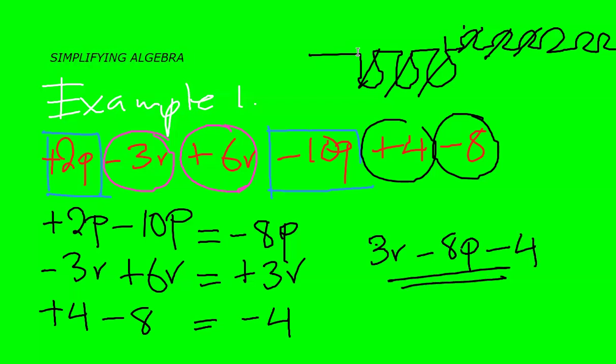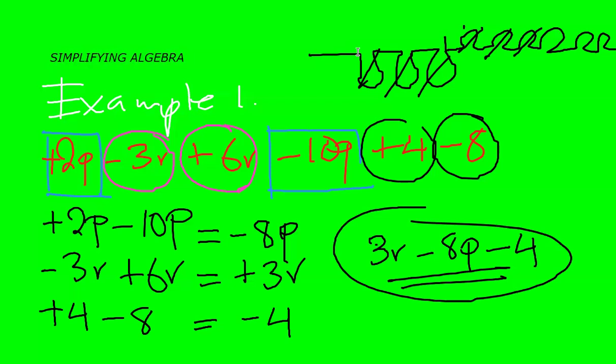This is our simplified algebraic expression. Okay. Now, I think that's clear. So when you're simplifying an algebraic expression, all you simply do is pick the like terms.